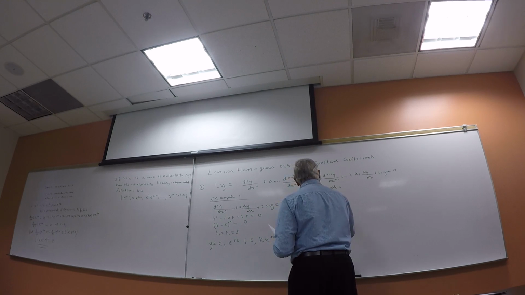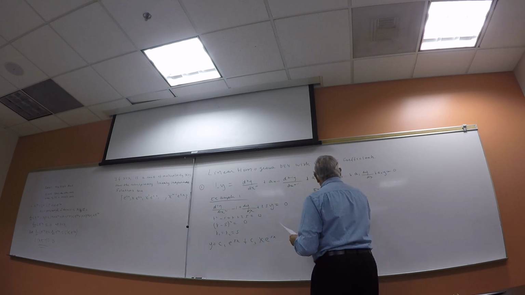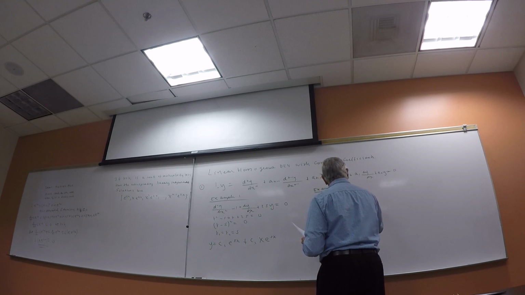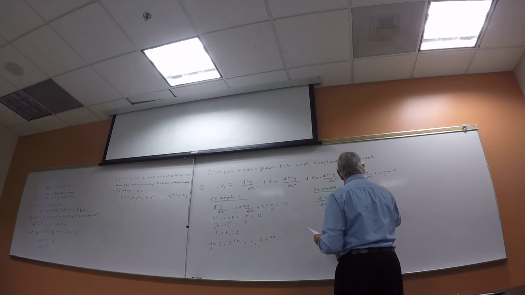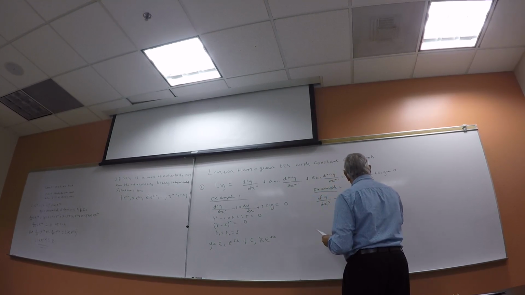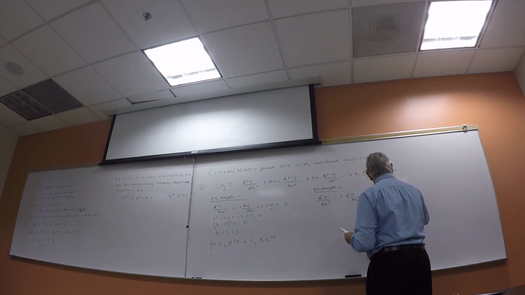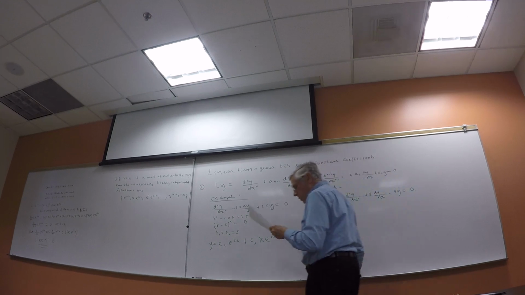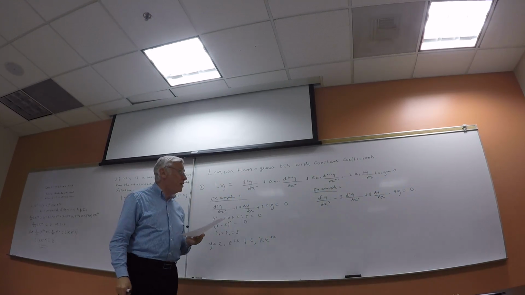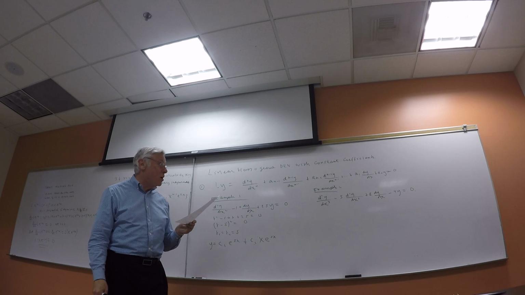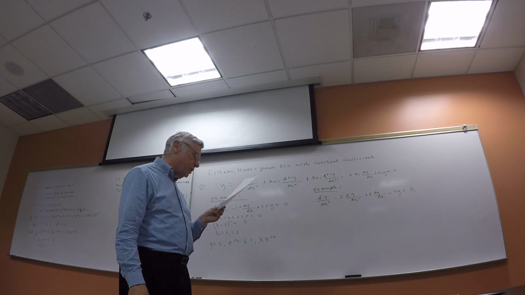Third derivative of y with respect to x minus 5 times the second derivative of y with respect to x plus 8 dy dx minus 4y equals 0. Okay, so we got the third derivative minus 5 second derivative plus 8 dy dx minus 4y equals 0.